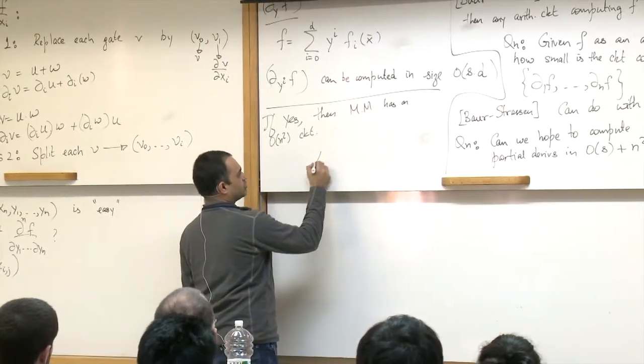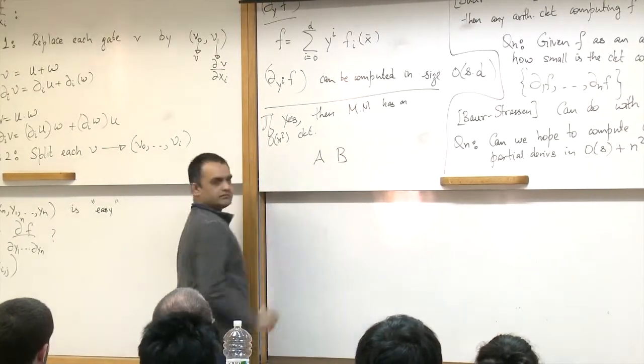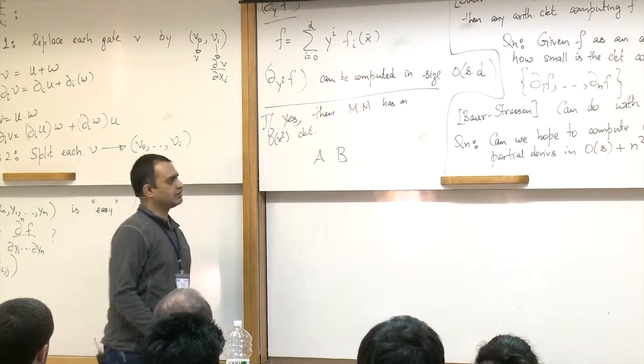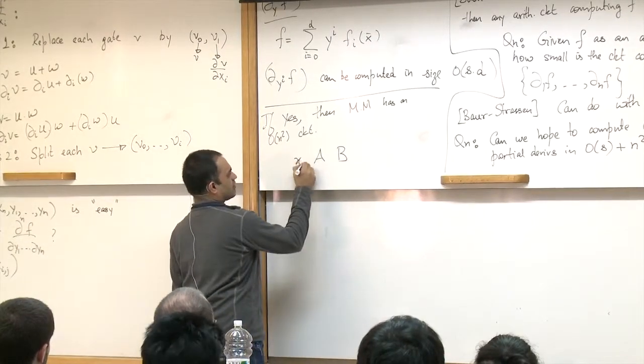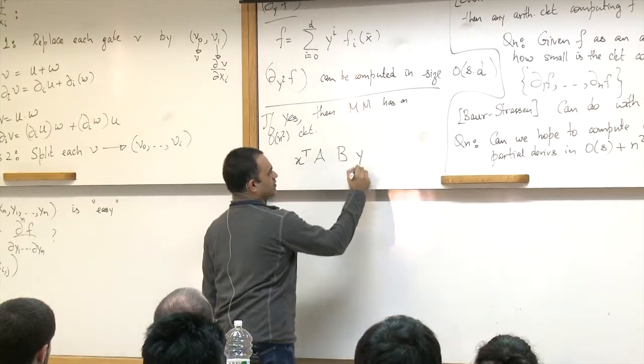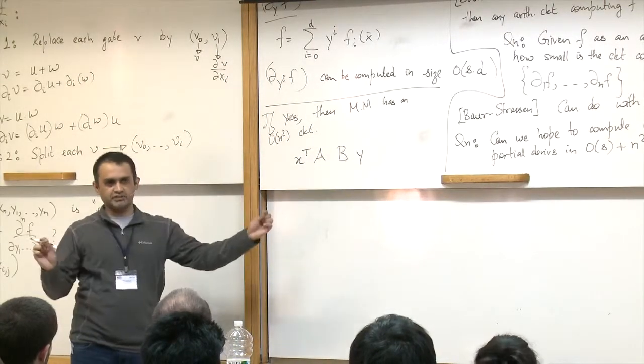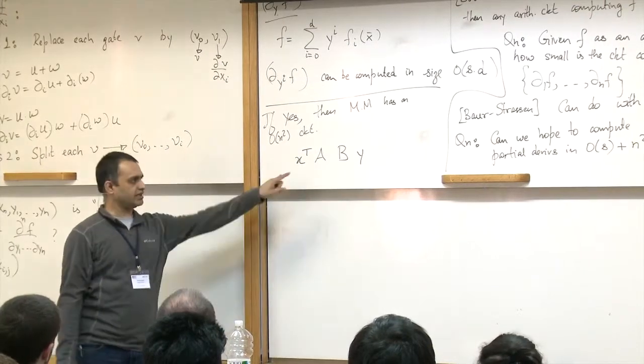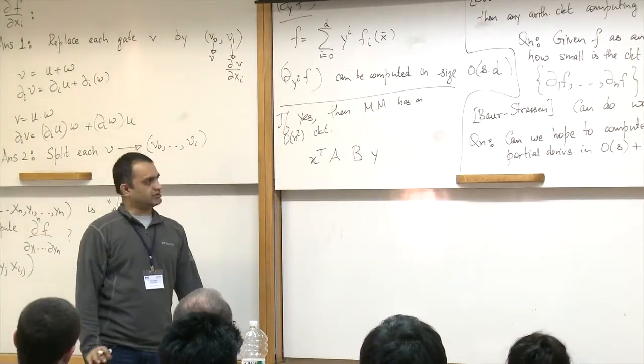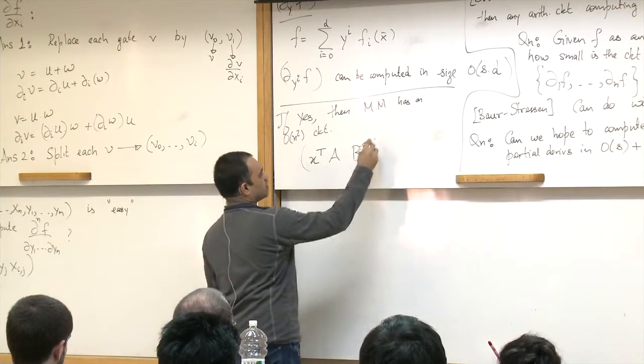Let's say I want to multiply two matrices A and B. Look at the following. I'm just looking at x as a vector of variables, y is another vector of variables, and I'm taking this.